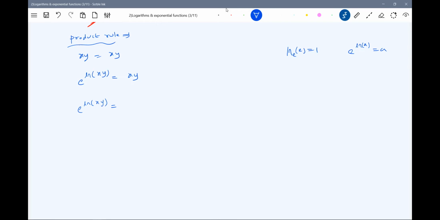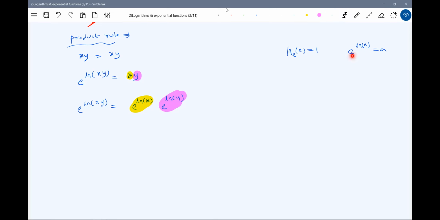There's a product of two numbers, no? So therefore e to the power of log x into e to the power of log y. No, this is not the expansion of this one. I think you are getting confused. No problem.